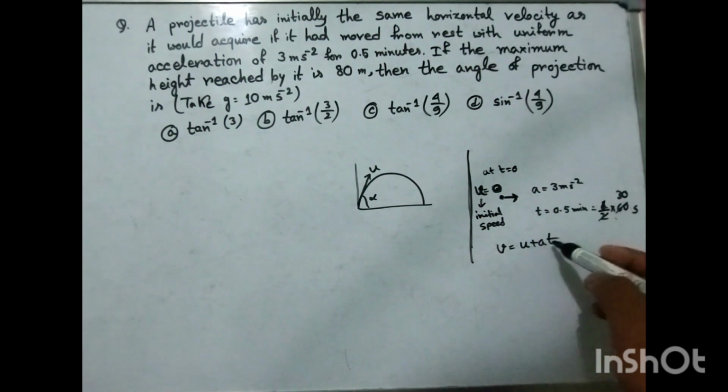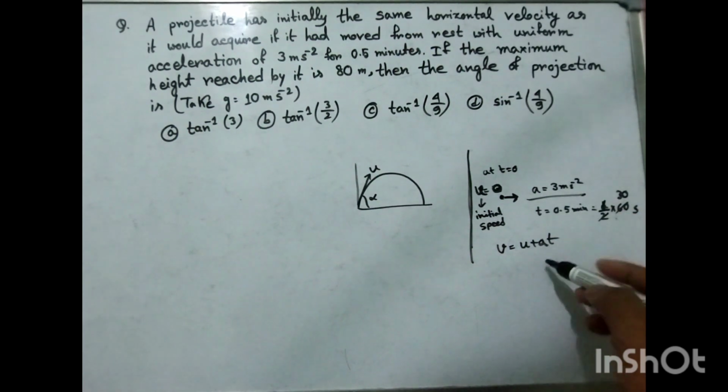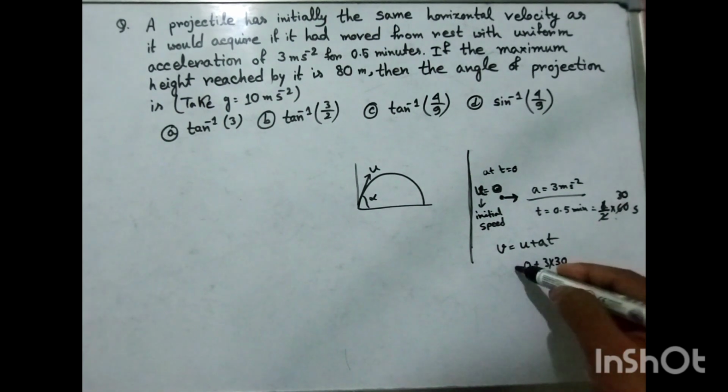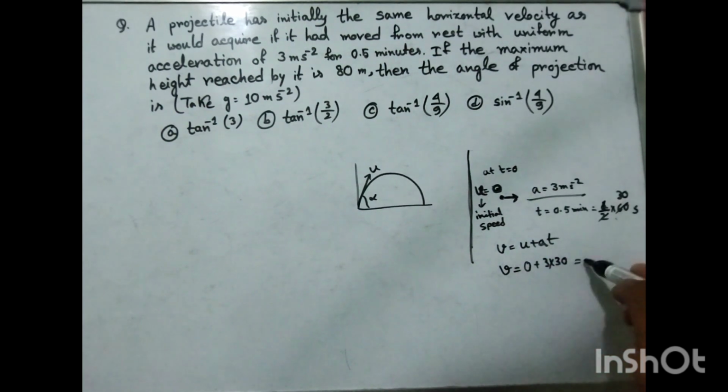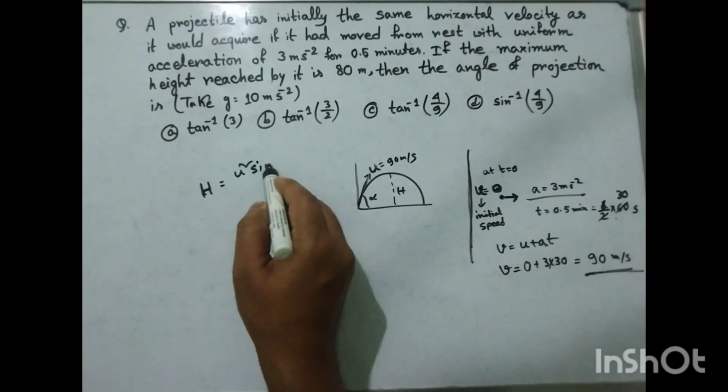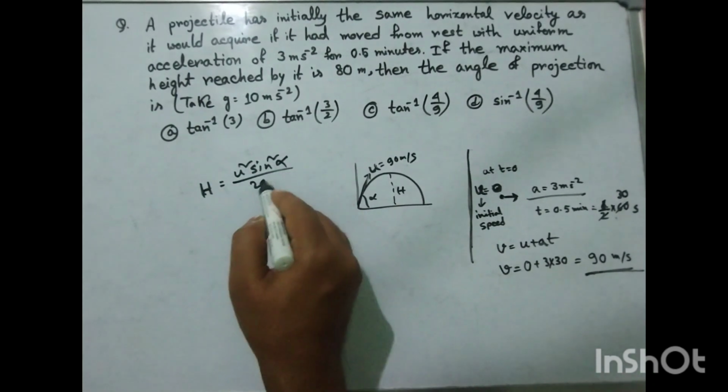So we know the formula of one-dimensional motion, that is v equal to u plus at, where a is constant acceleration, and that is 3 here, u is 0 here, and t is 30. So what will be the v? 3 into 30, that is 90. For the projectile, h is u square sin square alpha by 2g.